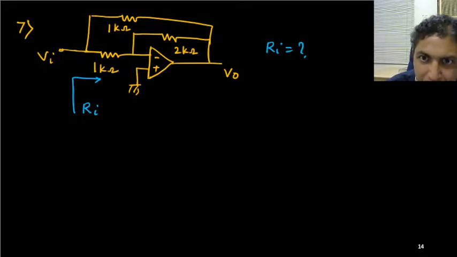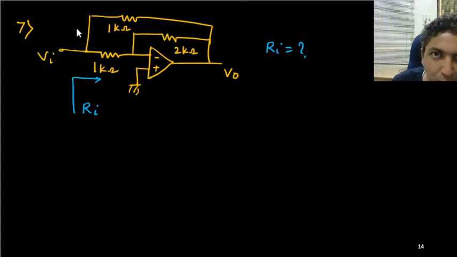Okay, so this is a problem. So first, to find out Ri, what is the method?